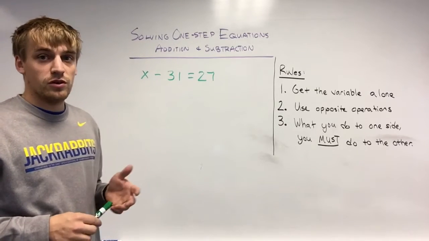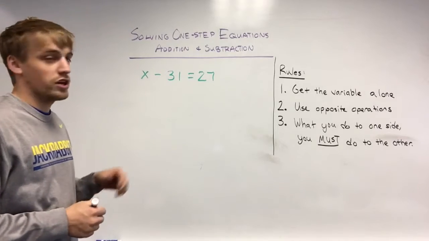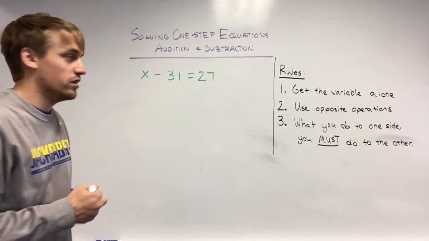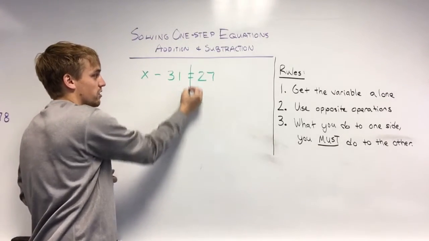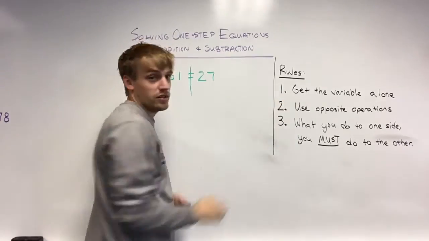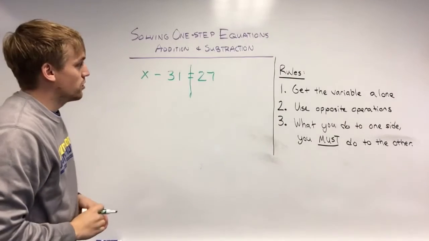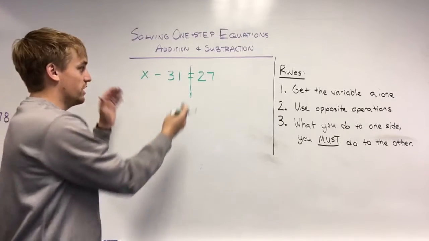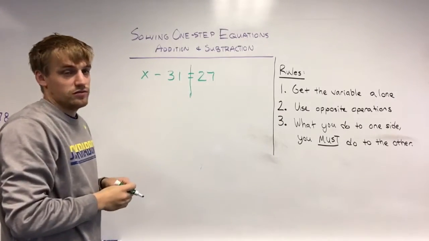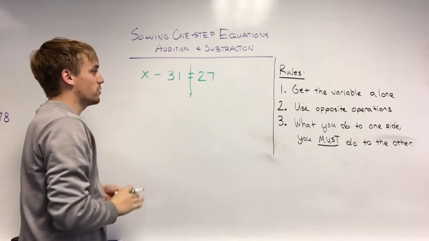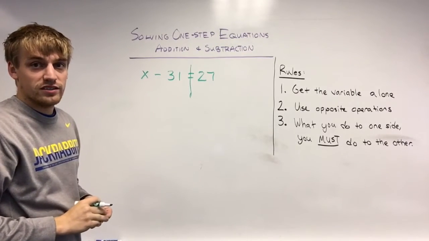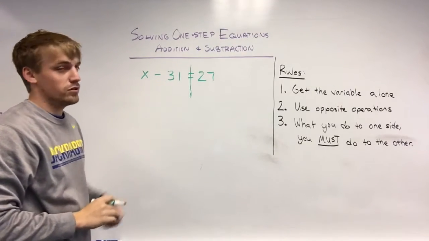So the first thing we're going to do is look at which side of the equal sign the variable's on, because our first rule tells us that we need to get the variable alone. So an equation is split into two sides, and it's split by the equal sign. On the left side of this equation, there is the variable minus 31.